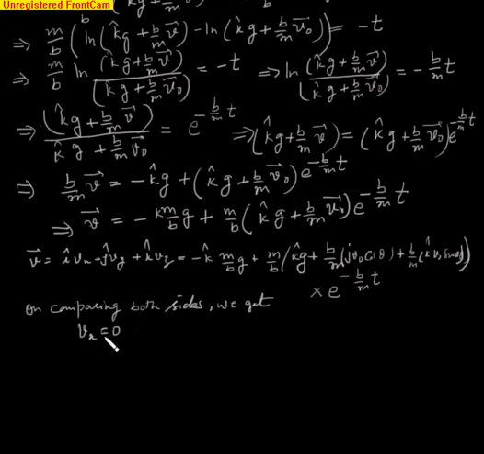That means there is no component of velocity along the x-axis, and that is clear because in the starting there was no component along the x-axis. Let us find what is along the y-axis.